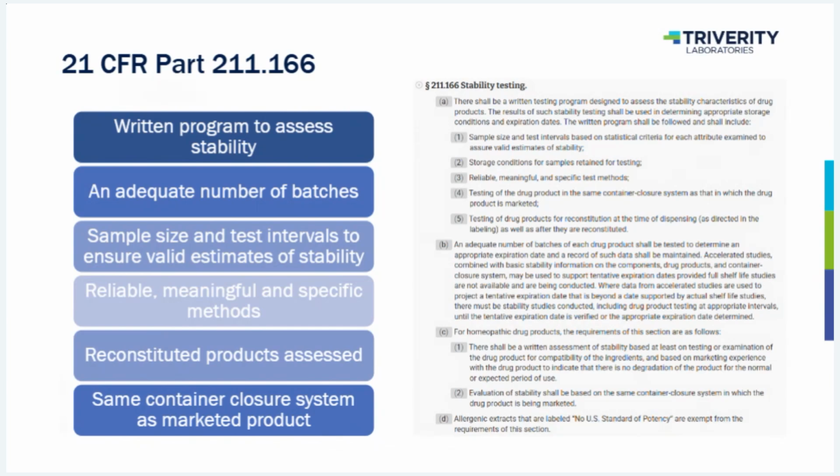Your methods need to be reliable, meaningful, and specific, so they need to be stability indicating. Any reconstituted products also have to be assessed, so you need to look at diluent, or if you have a combination product of 2 different APIs that are mixed together, you need to assess that stability. And you need to look at the container closure system that is going to be used for your marketed product.